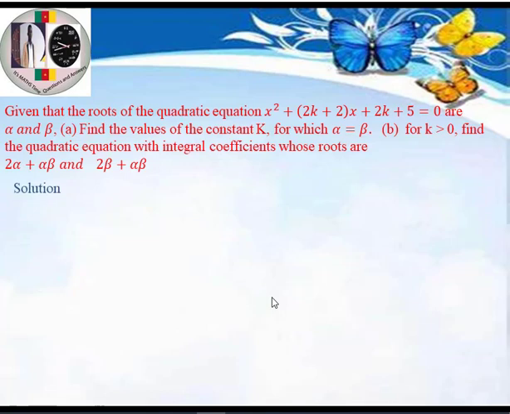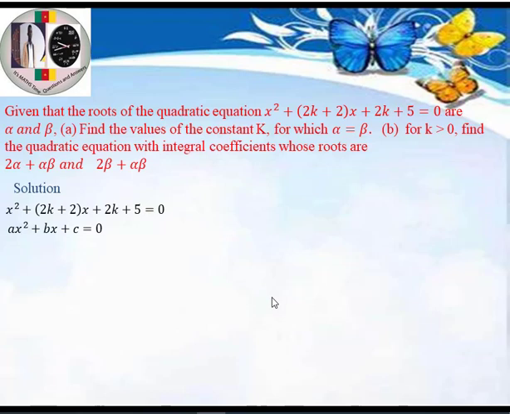So in the solution part, we know that our quadratic equation at hand is x squared plus (2k plus 2)x plus (2k plus 5) equals 0. If we compare this equation with the normal form of a quadratic equation, which is ax squared plus bx plus c equals 0, then we say that the coefficient of x squared is a, the coefficient of x is b, and the constant is c.